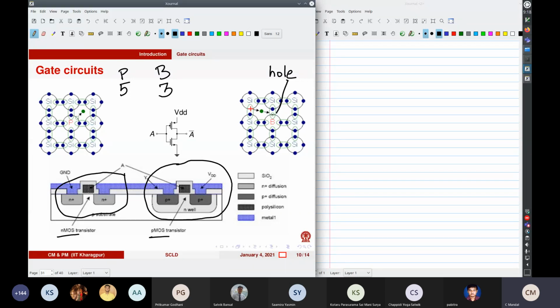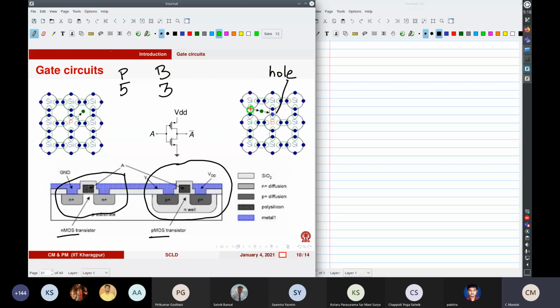If it jumps in, this place is filled up, and you will have a hole over here. So basically you have a situation where your holes can move around. Effectively a hole from here is moving to this place, and this can move somewhere else.